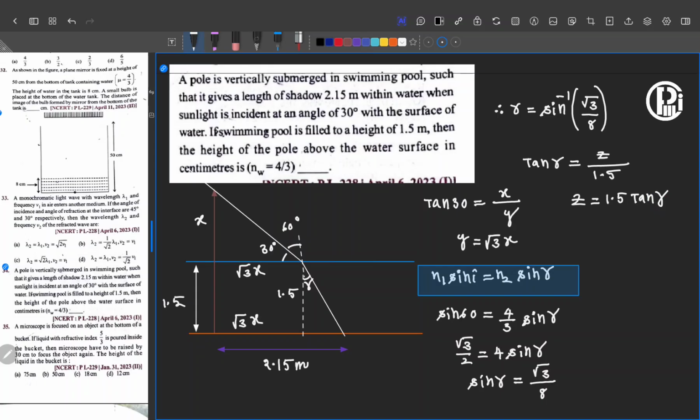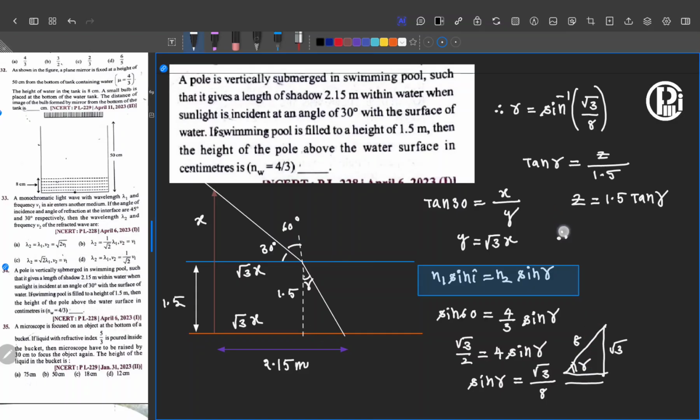So from here I can find the sin r value, you know, using a right angle triangle. You can take it as a right angle triangle with root 3 and 8, find the remaining side, and from that find the tan r value and substitute it.